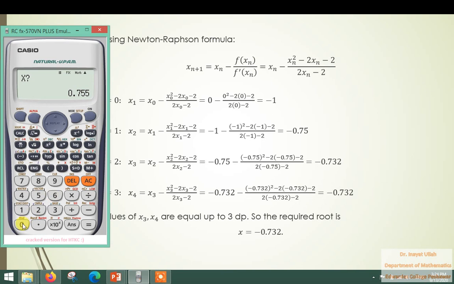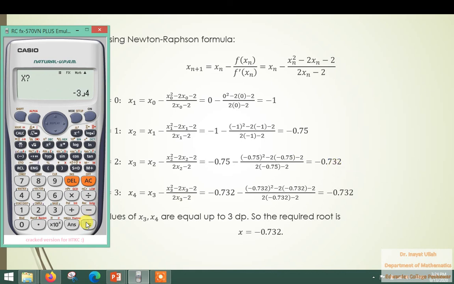So put x naught is 0, then equal, and we get minus 1.000. Just look at that, minus 1.000. Now again equal, then answer, then equal, and we get minus 0.750. Just look at this. Again equal, answer, and that is minus 0.732.